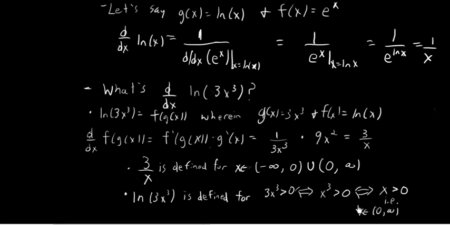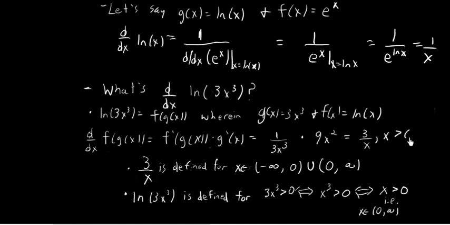And we can only think of that instantaneous rate of that function where that original function is defined. So the derivative here in this case is not 3 over x. It's 3 over x over the x values for which ln of 3x cubed is defined. So it's 3 over x for x greater than 0.